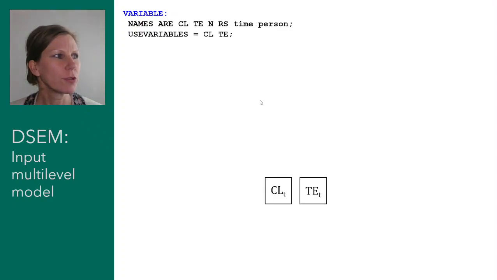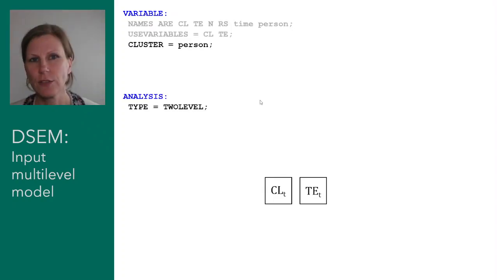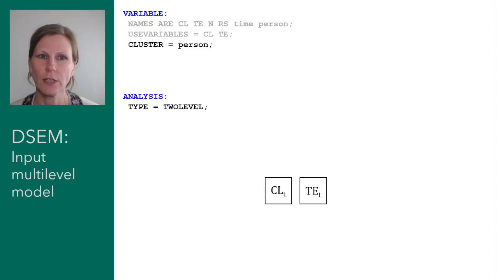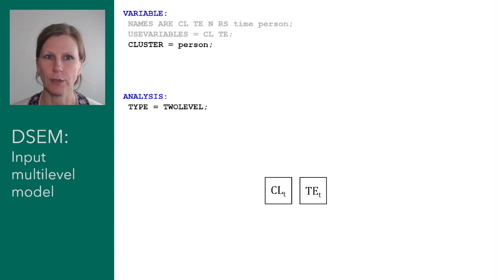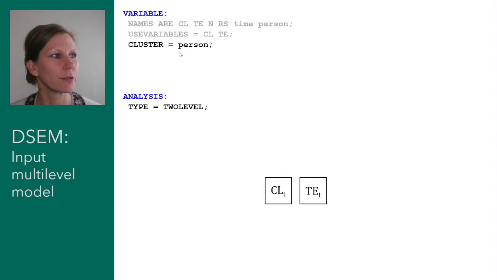I then also have to indicate that these are multilevel data, so that there is clustering in the data, based on the variable person. That's where I indicate in the variable command cluster equals person. Then Mplus knows that all the cases that have the same number for person belong together.